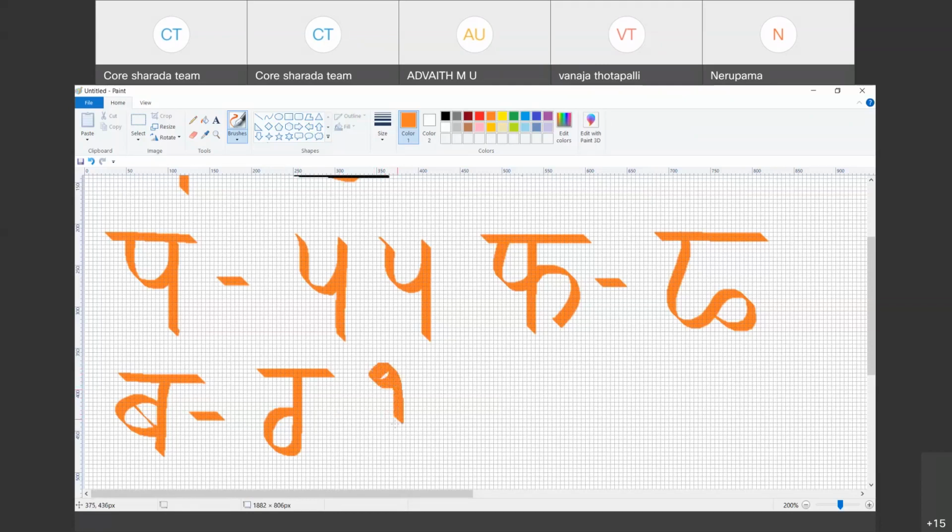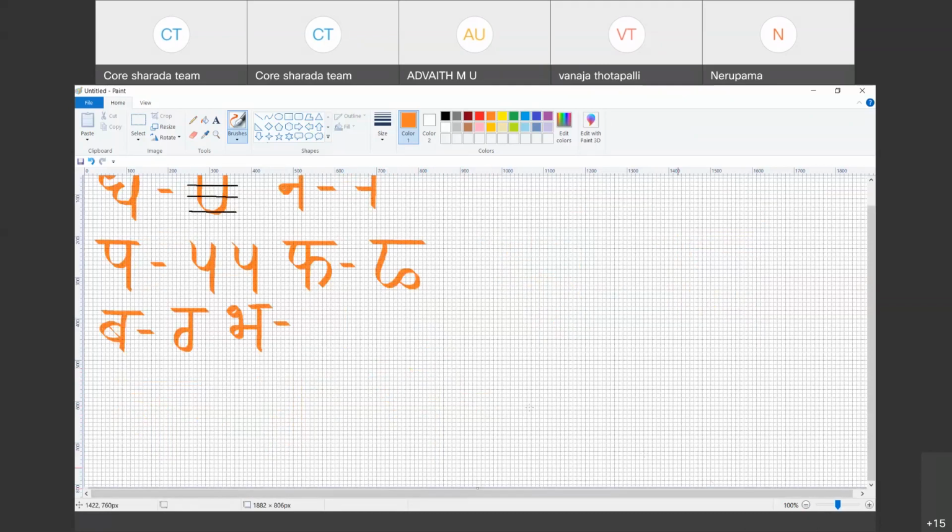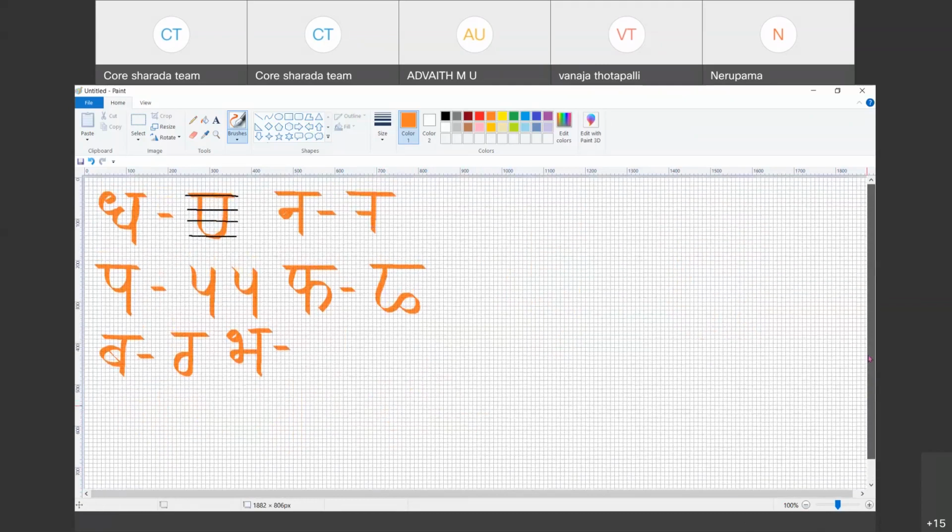Then bha. Okay, I'm going to keep this screen like this so that you can see all the letters that I'm drawing. From the middle of the line, draw this.